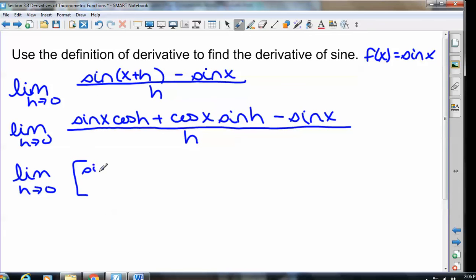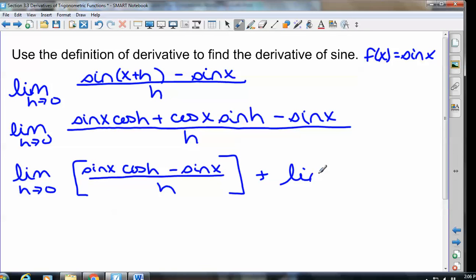So I'm going to pick the first and the last. So I'm going to put those together because they both have a sine x in them. And then you would have to add in the limit of the middle term.